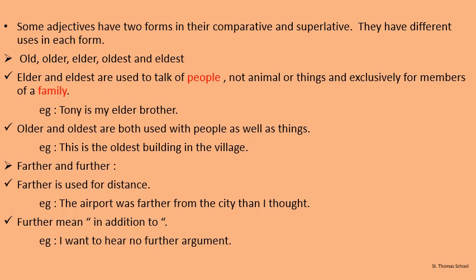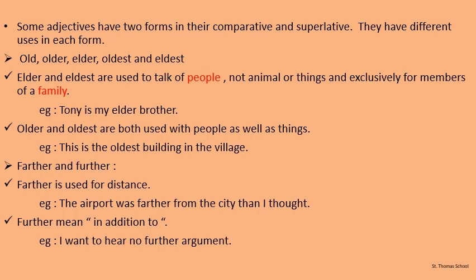Next it is farther and further. Farther is used when we talk about distance. When we talk about distance, at that time we will use the words farther and farthest. And when we are talking about addition of something, at that time we will use the words further and furthest. See the difference.